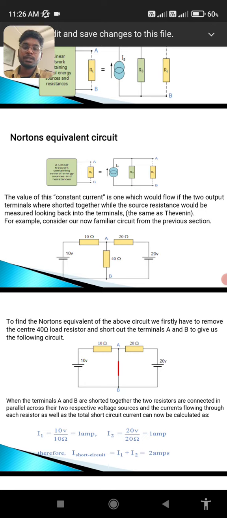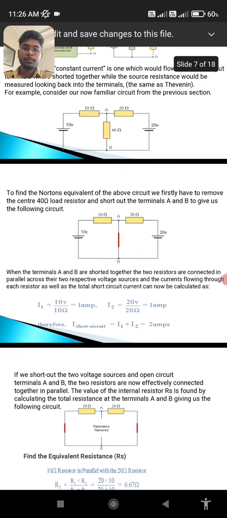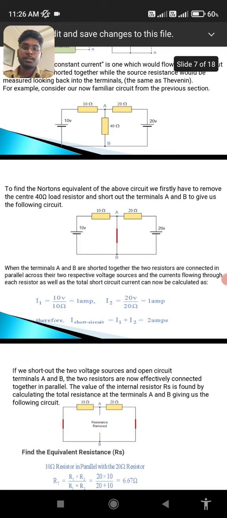For example, consider our now familiar circuit from the previous section. To find the Norton's equivalent of the above circuit, we firstly have to remove the center 40 ohm load resistor and short out the terminals A and B to give us the following circuit.